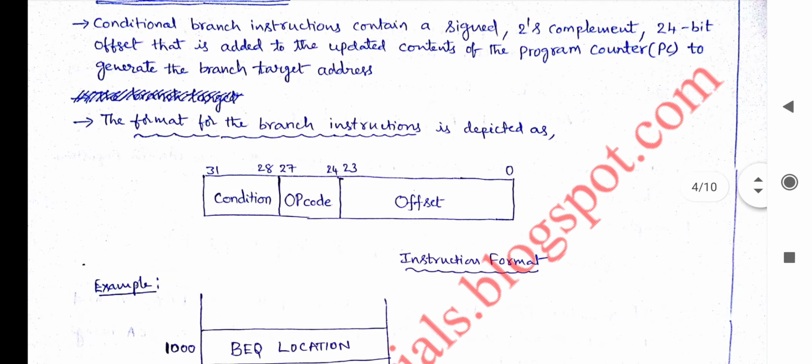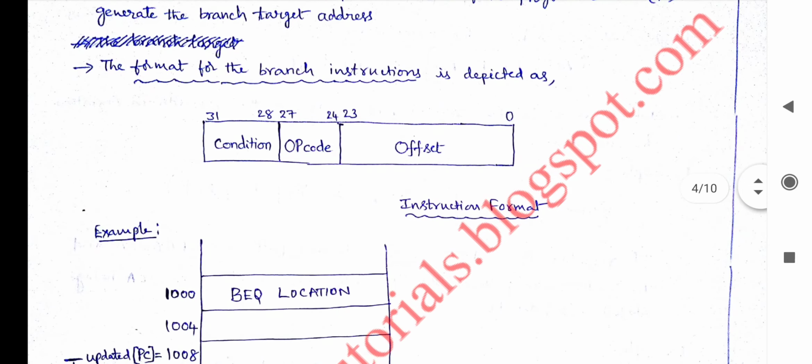Here the format of the branch instruction looks like this. See, it contains 32 bits, 0 to 31. Bits 0 to 23, that is 24 bits, are used for the offset value.